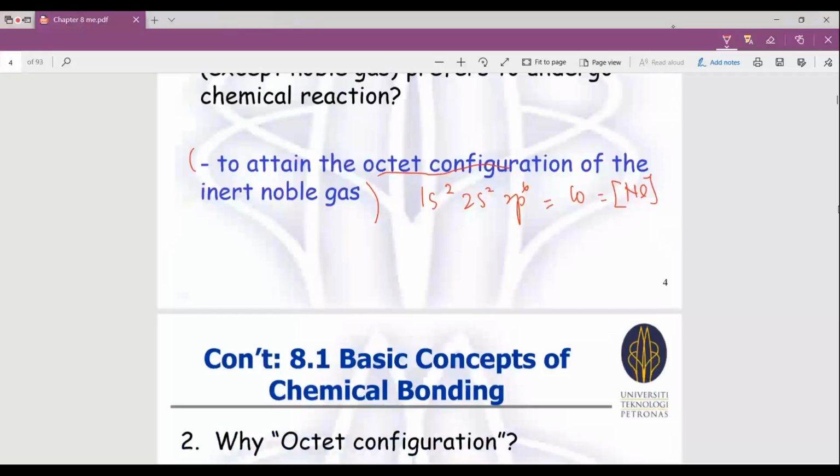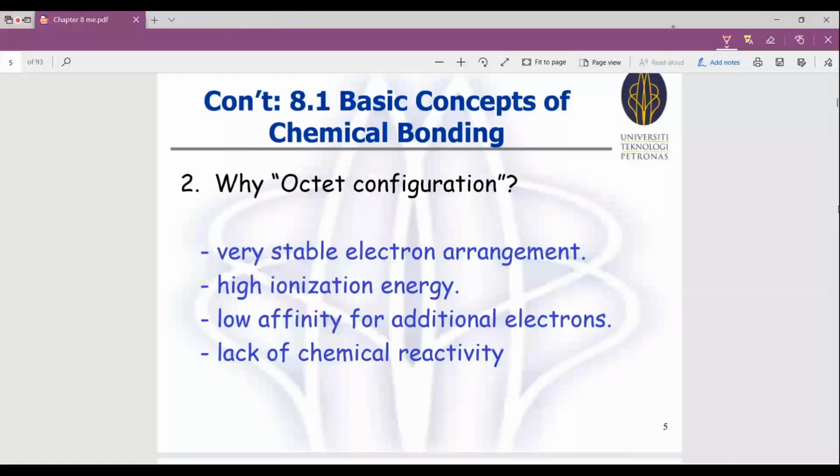This is the reason for the octet configuration: a stable configuration has a high ionization energy. All the elements in group 18 are high in ionization energy, but going down the group, ionization energy decreases. They also have low affinity for the addition of electrons; we cannot accept or donate any electrons in group 18 because it's already stable.